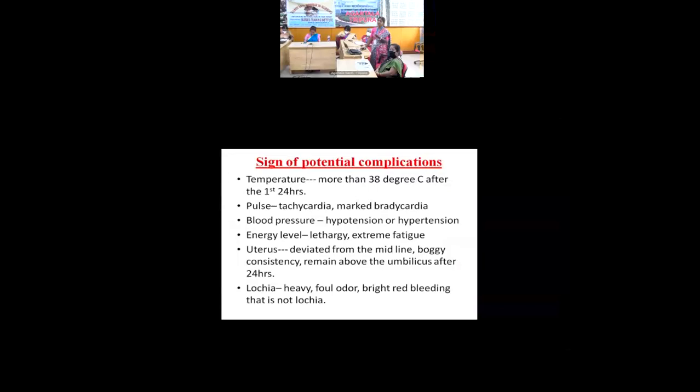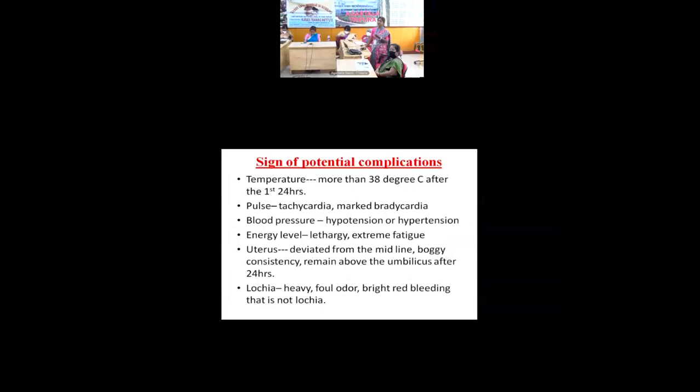Then signs of potential complication. If we assess the mother properly, then only can we find out the signs of potential complications. What is the temperature? In the previous slide, I showed the graph.